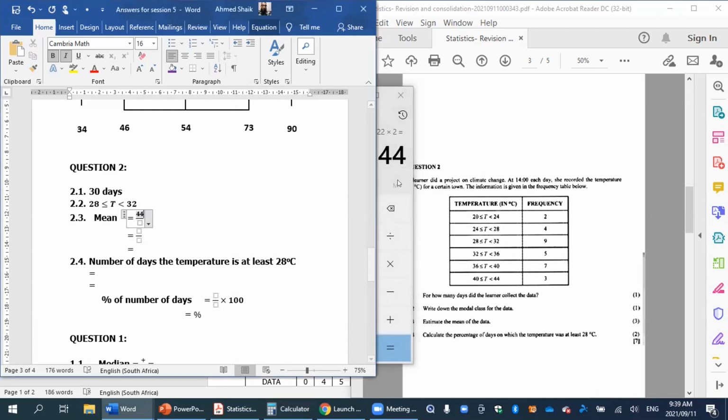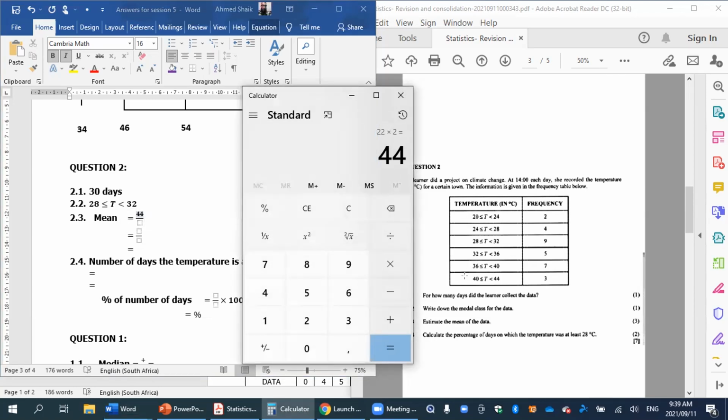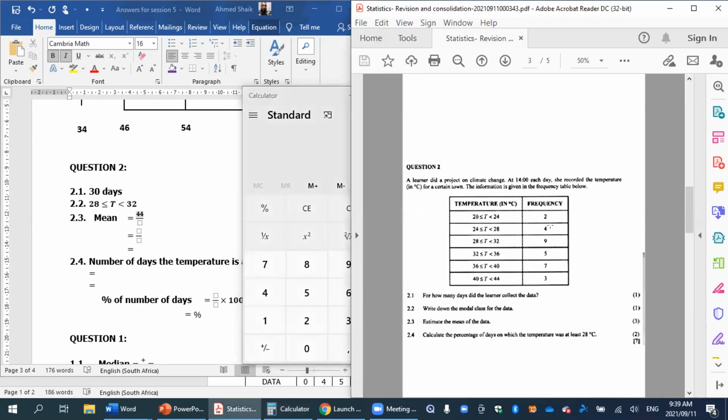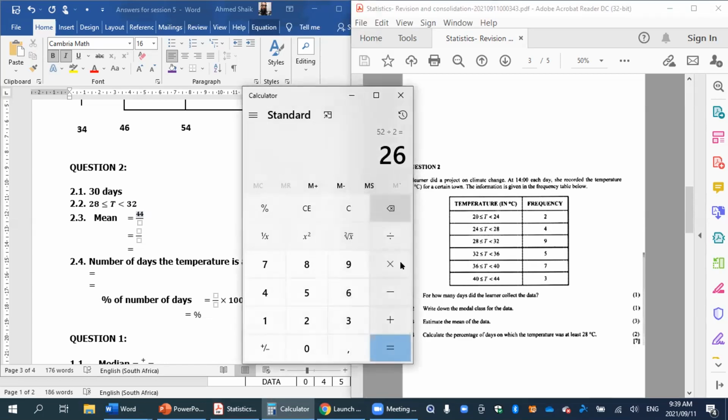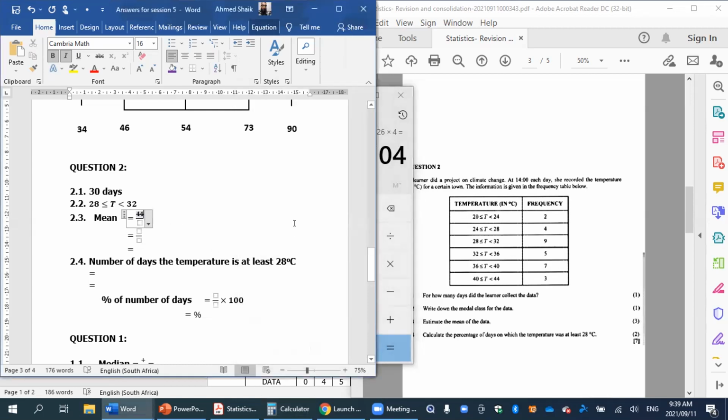If you're looking at our next midpoint, we have 24 plus 28 divided by 2. And we have a frequency of 4 for that interval. So we're going to times our answer by 4, and that gives us a total of 104.